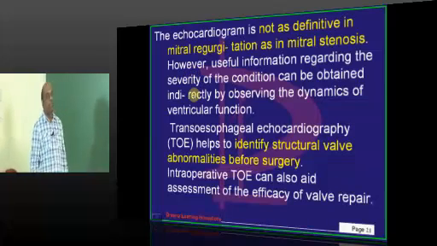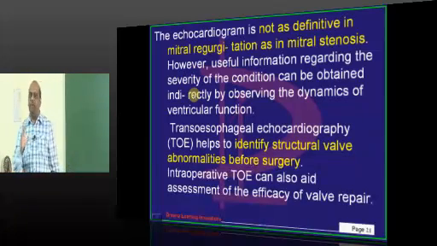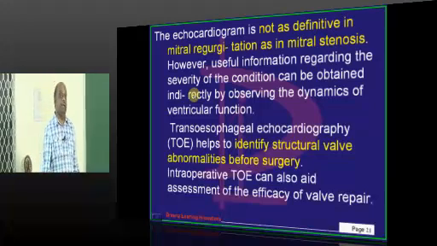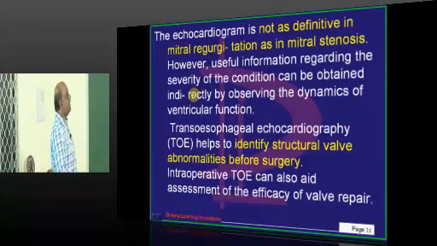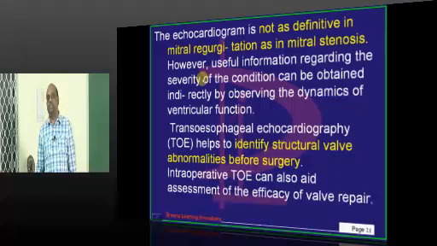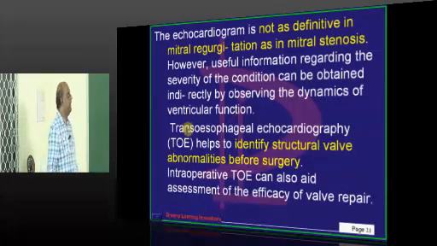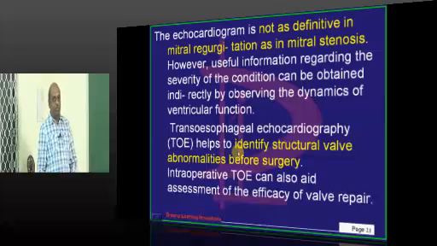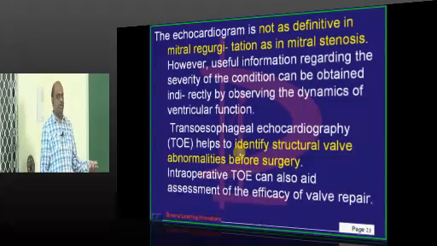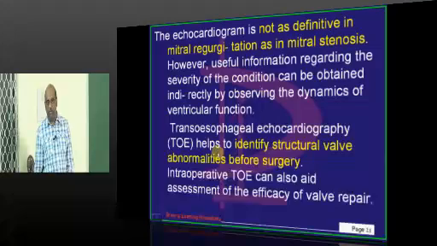Now, if you take MS, echo is a wonderful investigation by which you can quantitate, but in the case of MR, echo is not as definitive as in the case of MS. If you do a transesophageal echo, you can discover whether there are any structural valve abnormalities that led to the development of the MR.